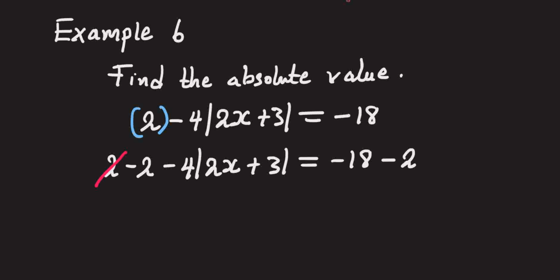So 2 minus 2 is 0, so strike this from here. And we now have negative 4 times the absolute value of 2x plus 3 is equal to negative 18 minus 2, which gives us negative 20.